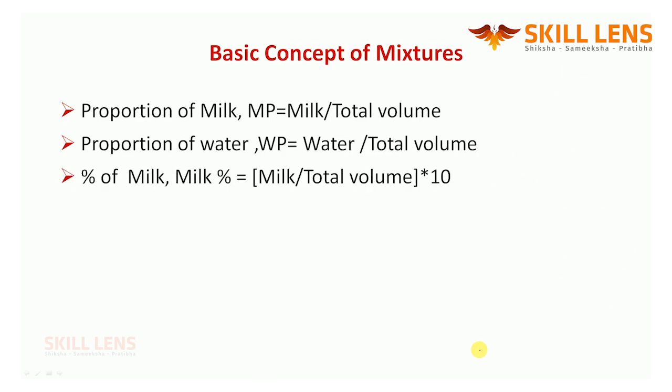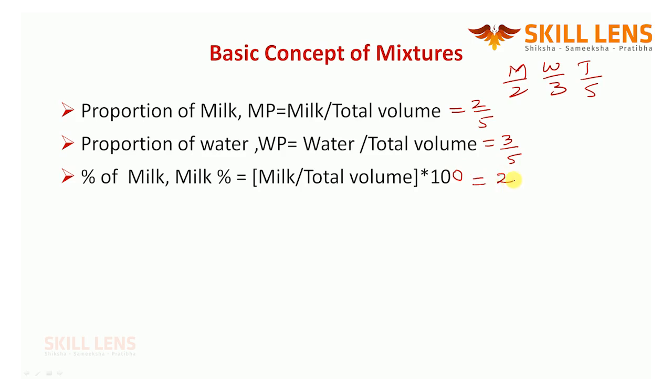So now, percentage of milk. If the milk is 2, water is 3, total is 5, so I can write milk proportion is 2 by 5, water proportion is 3 by 5. If you want the percentage, how does the percentage come into the picture? Multiply by 100.